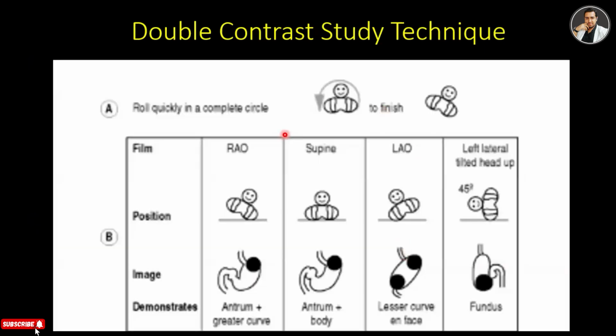So this is the positioning diagram. In this diagram, the first option is A, and in this option you have to roll the patient from right to left and finish in a right anterior oblique position. So this is the finished position, and after rolling, in this position, now go to B and take the spot films.